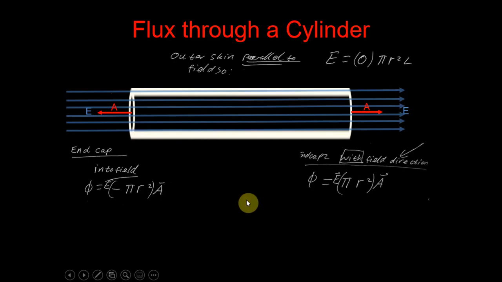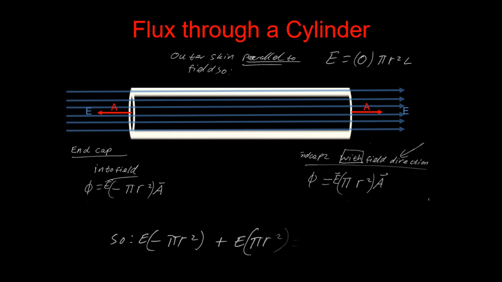That means this end of the cylinder will have pretty much exactly the same expression, but in this direction it's going with the field. So phi here is positive pi r squared times E. So that means the total flux of our system is going to be negative E pi r squared plus positive E pi r squared, which cancels everything out and once again comes to 0.